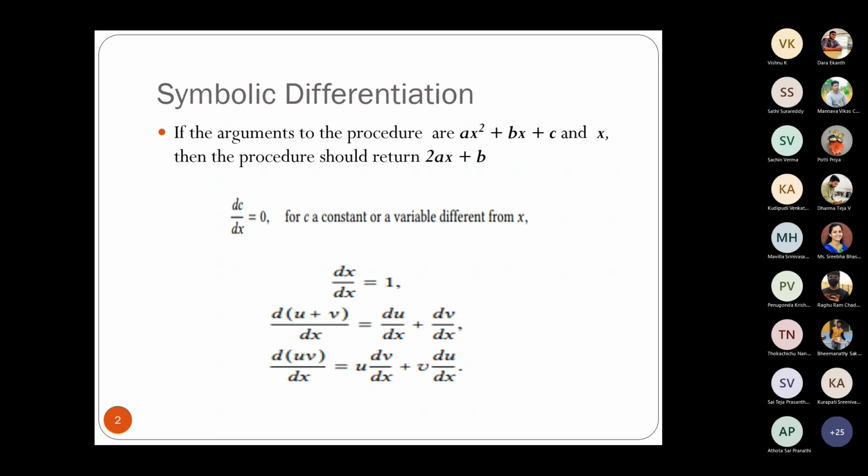Moreover, I'm passing two arguments to the program: one is the expression, another one is a variable. If you are not giving x, that is a variable, a symbol, then we cannot differentiate. For example, you give 5. With respect to 5, we can't differentiate. So all the test cases I have to incorporate in my algorithm, isn't it?